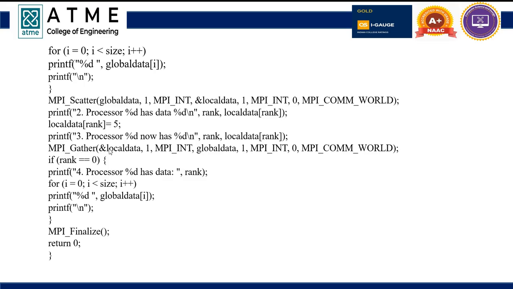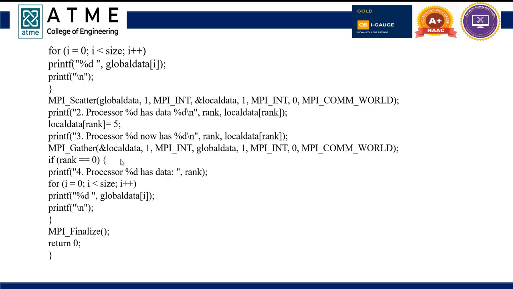Now MPI gather. Once all the processes have been scattered, this is the syntax which we use in parallel programming. MPI_Gather gathers all the scattered data to one single process. Each process sends one integer to the root, and the root collects the data into the global data array.